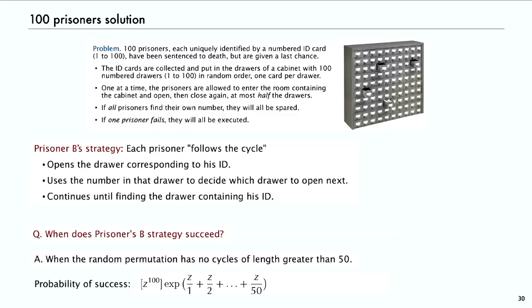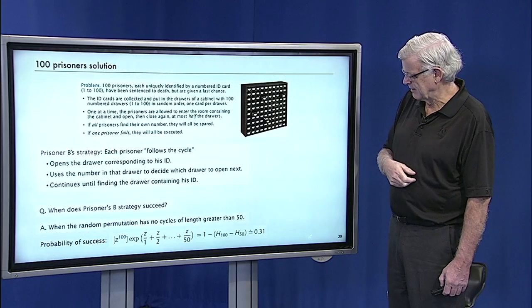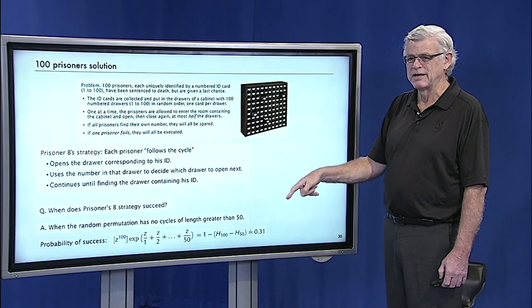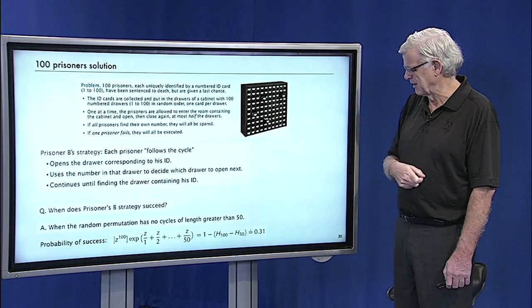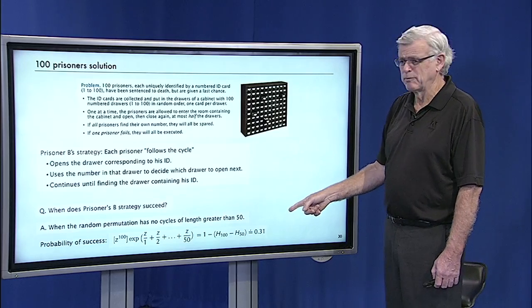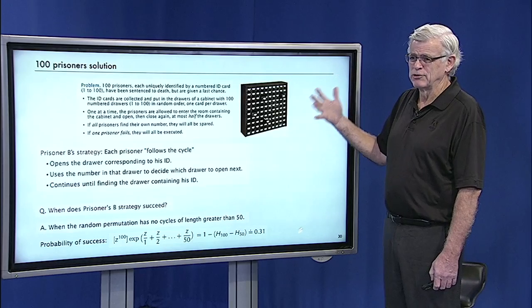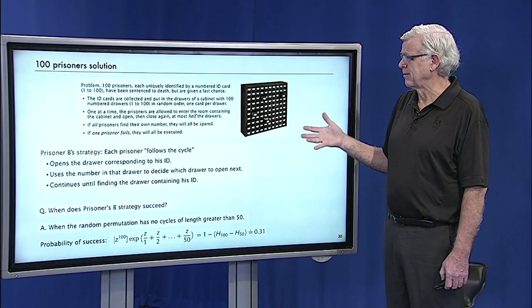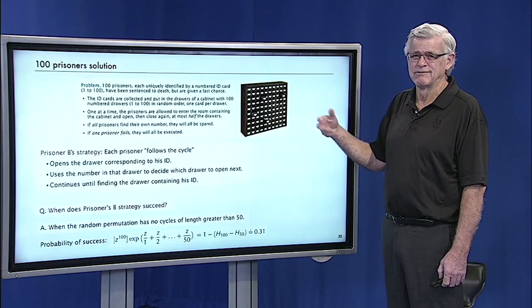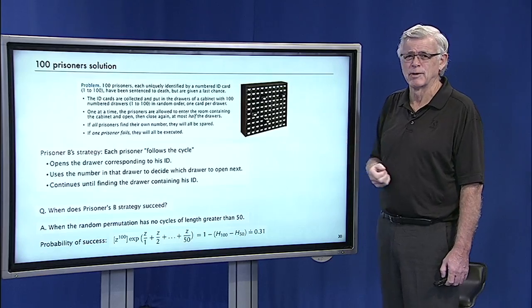That's just a slight generalization of the little exercise that we just did to see that that coefficient is going to be 1 minus the 100th harmonic number minus the 50th, which is about 1 minus log 2, 0.31. That's a solution to the 100 prisoners problem and an application of the study of the cycle structure of permutations.